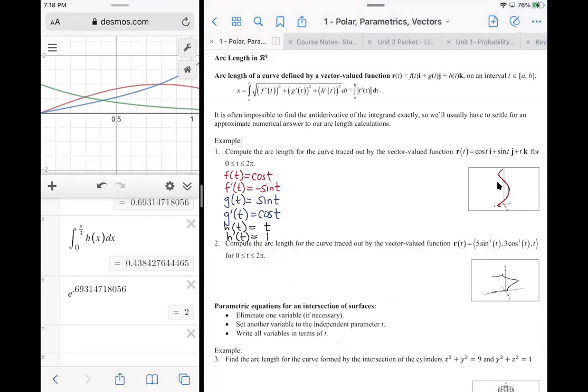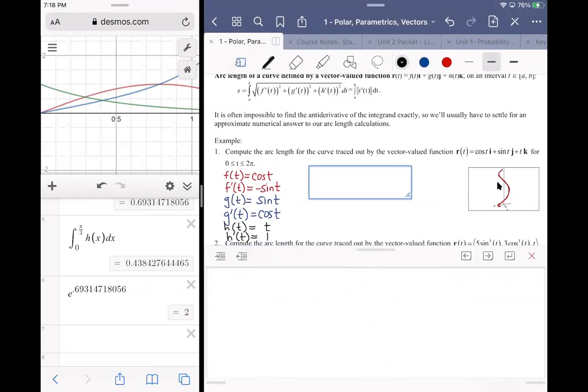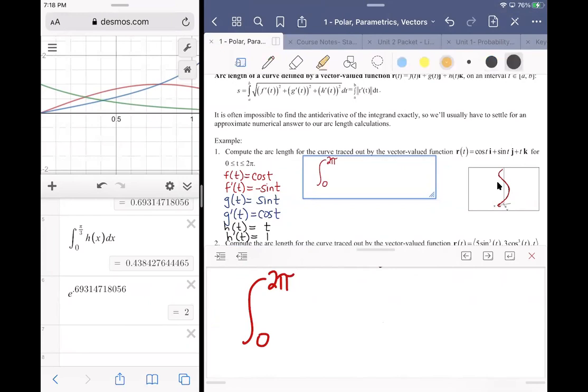So a constant rate of change for the h of t component, or the k component. But these are the crunchy bits and pieces here. So if I'm going to integrate this over the interval, we'll do it by hand and I'll show you on the calculator. 0 to 2 pi. The squared values, let me highlight.